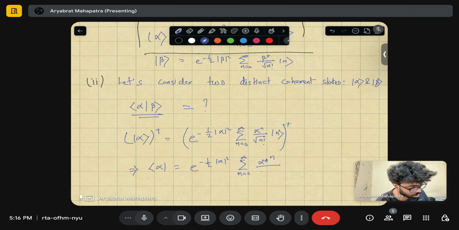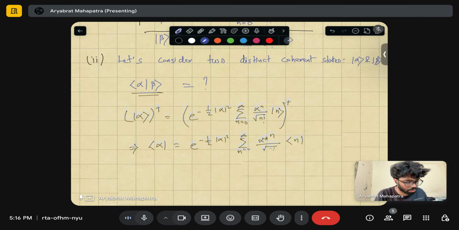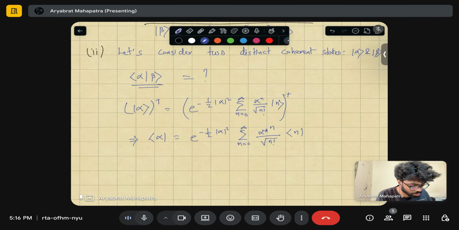In the denominator you have the square root of n factorial, which remains as it is. Then ket n becomes bra n. So you have got the complex conjugate form of alpha.